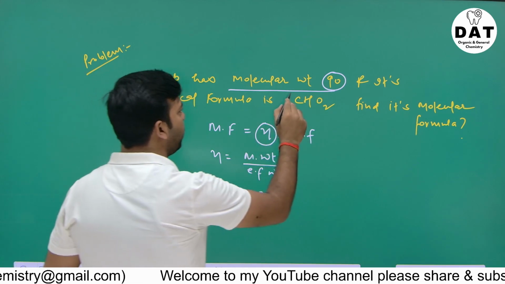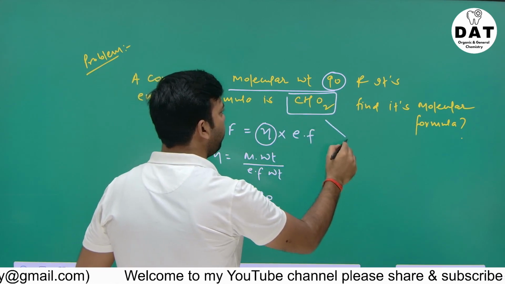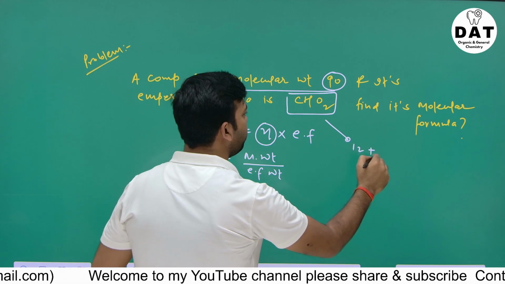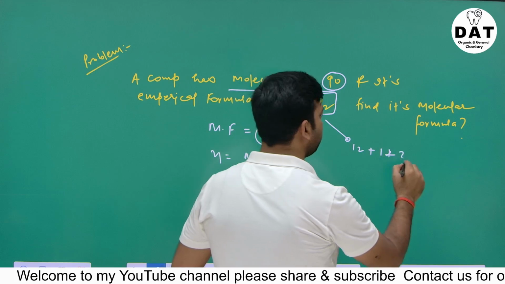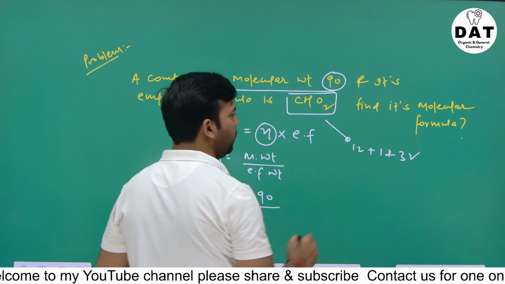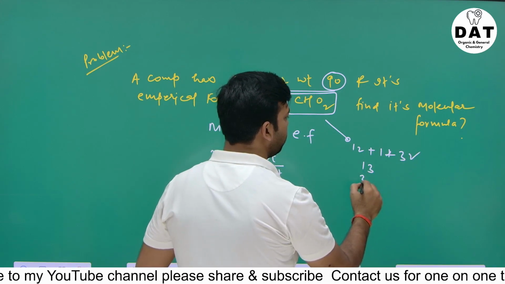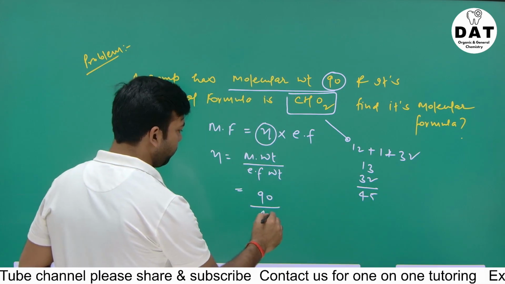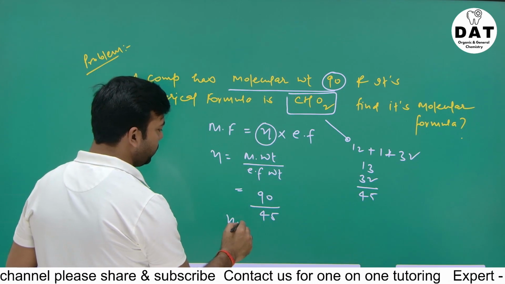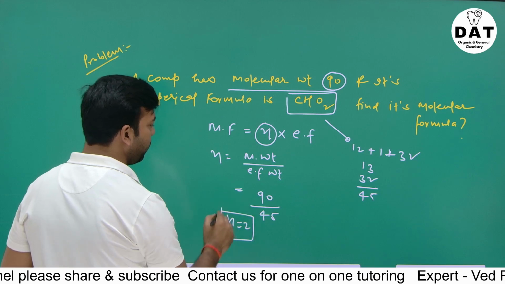This is my empirical formula, and what is the empirical formula weight? 12 plus 1 plus 16 into 2, which is 32. So 13 plus 32 is 45. So N value here is 2. Clear?